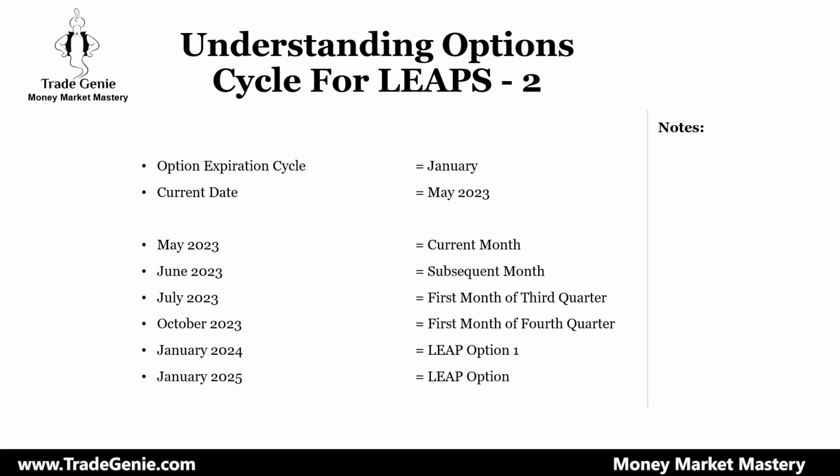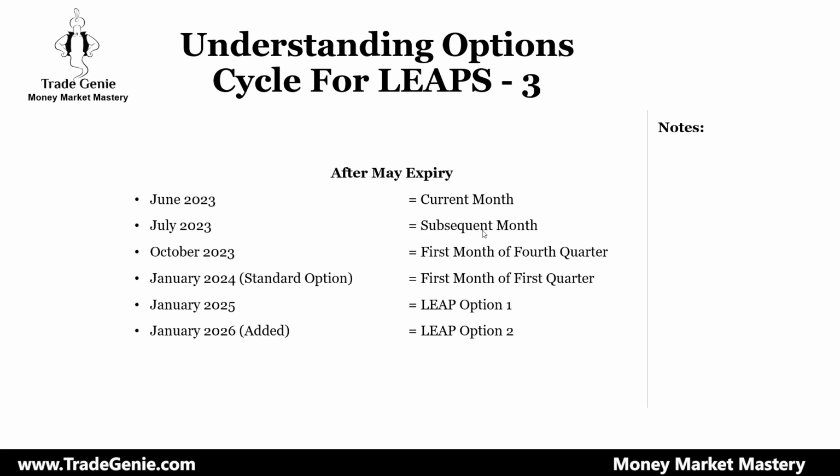Now, May is the current month, so what happens when May expires? When the third Friday of May is gone, then June, which was the subsequent month, will become the current month, and July, which is already listed, will become the subsequent month.